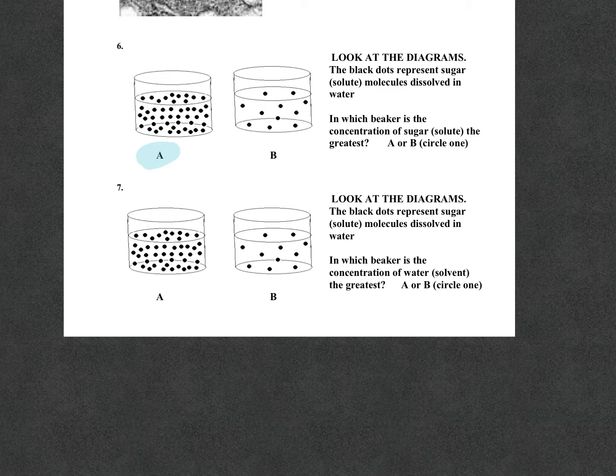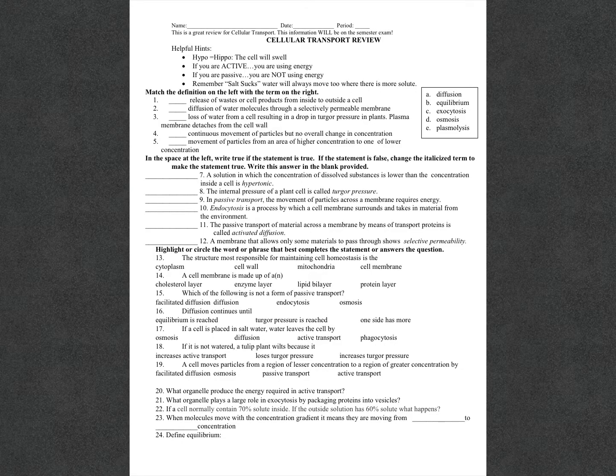I don't know why. They probably meant the least. Oh no, concentration of water, I see. My bad. Well, the concentration of water is actually going to be highest here, right? We've done this before because there's only two things, either sugar or water. If sugar is higher, then water has to be lower, and if sugar is lower, then water has to be higher, right? So that should be that.